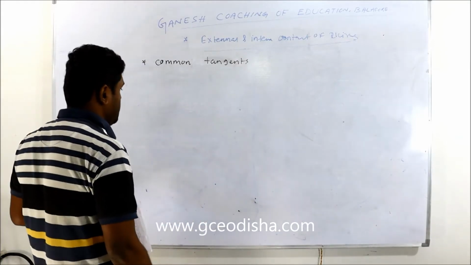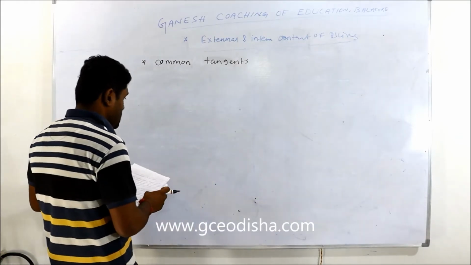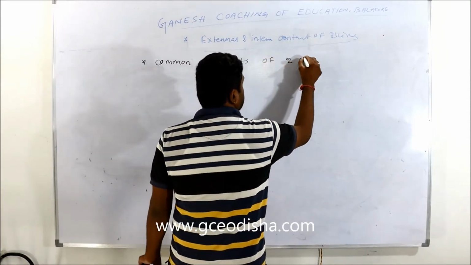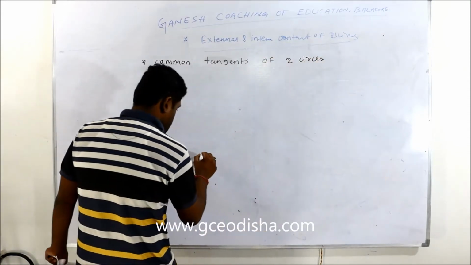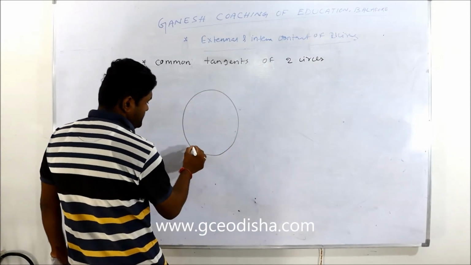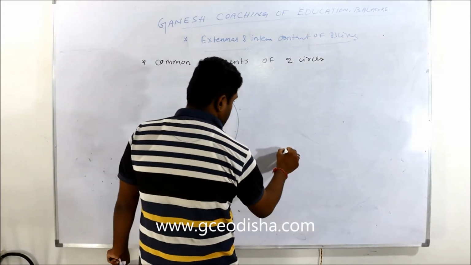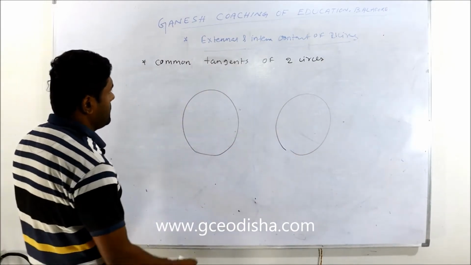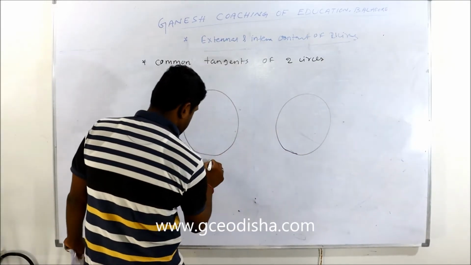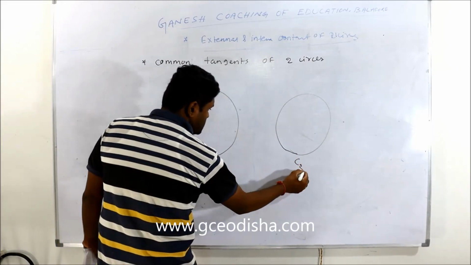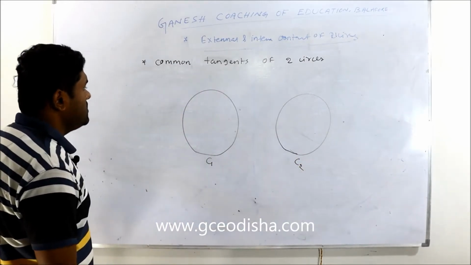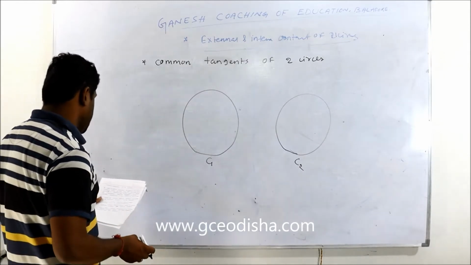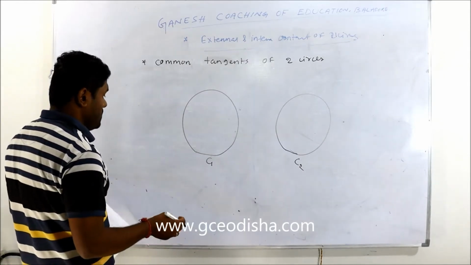Common tangents of two circles, like circle 1 and another circle 2. This is circle C1, this is circle C2.